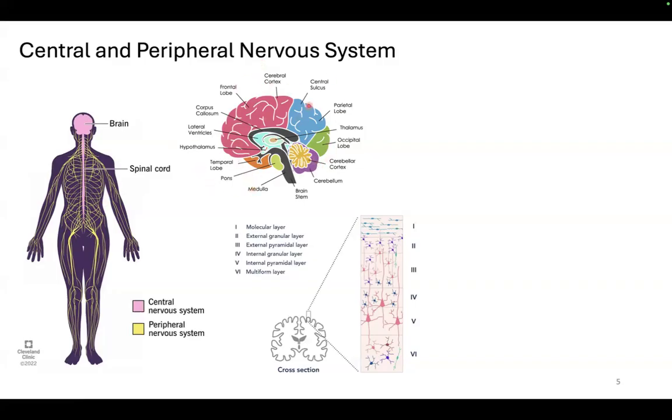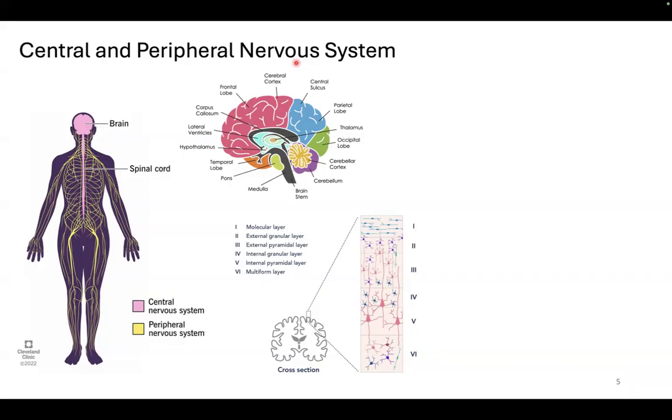And the central nervous system, depending on what resolution you want to look at, has a lot of sections and subsections. You have areas based on whether they are towards the outside or the inside of the brain, what particular function they do, what particular sort of response or analysis they are responsible for.